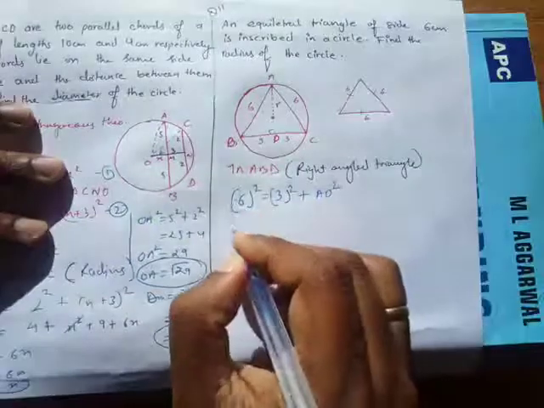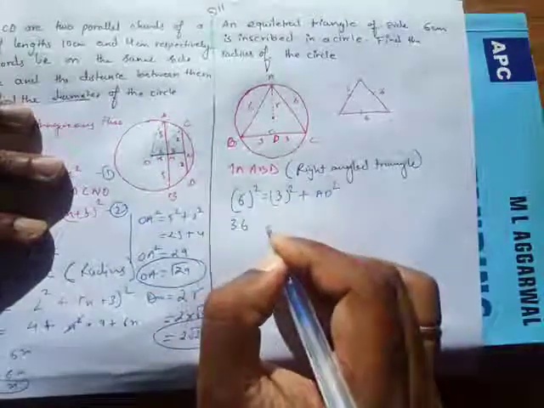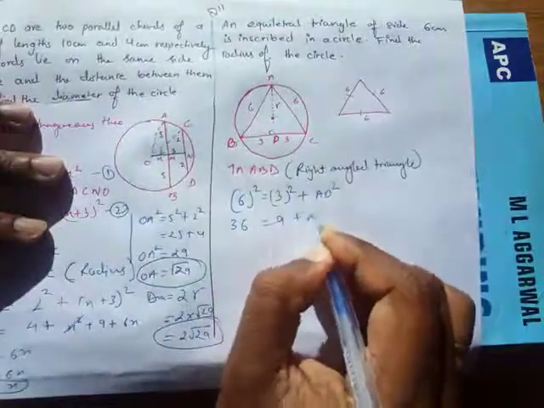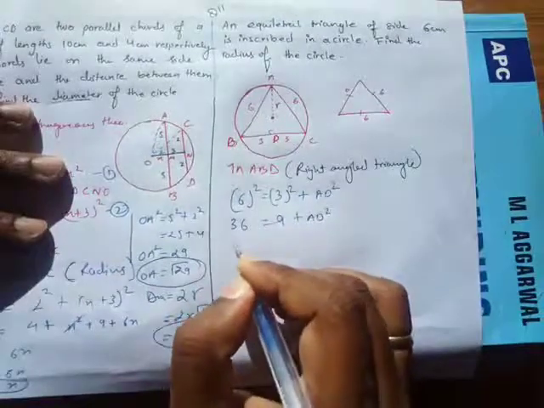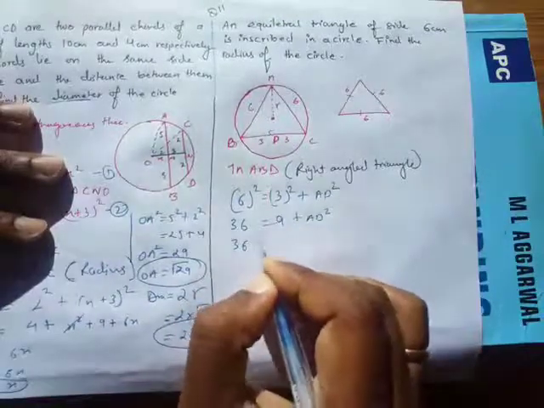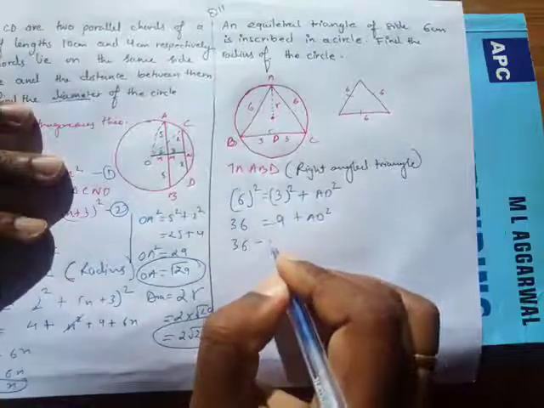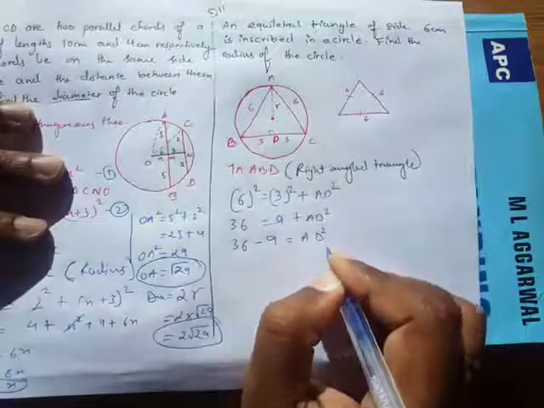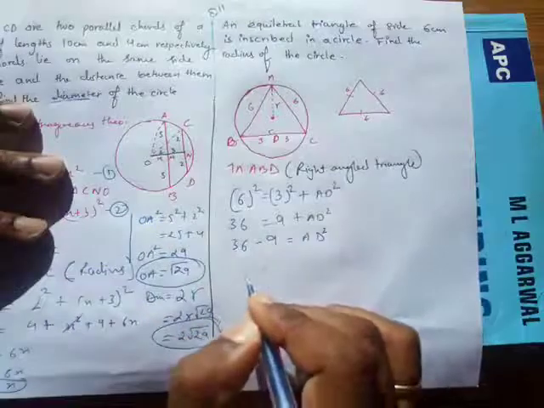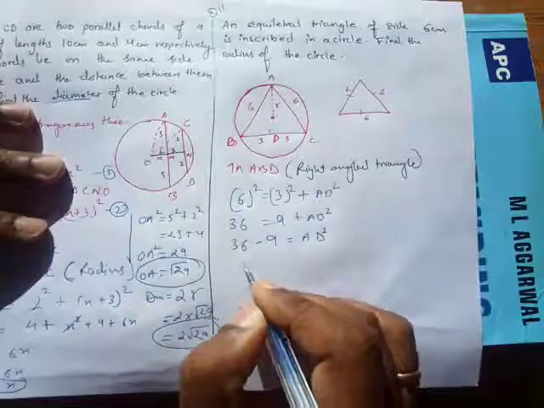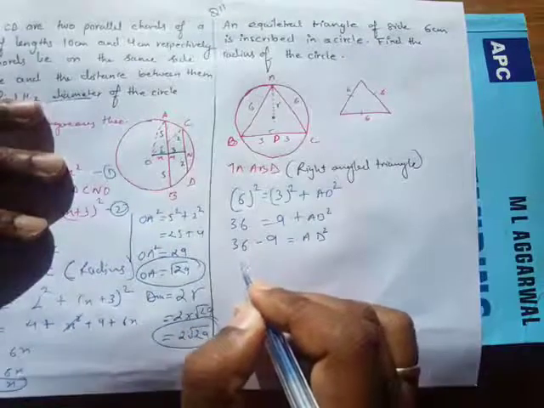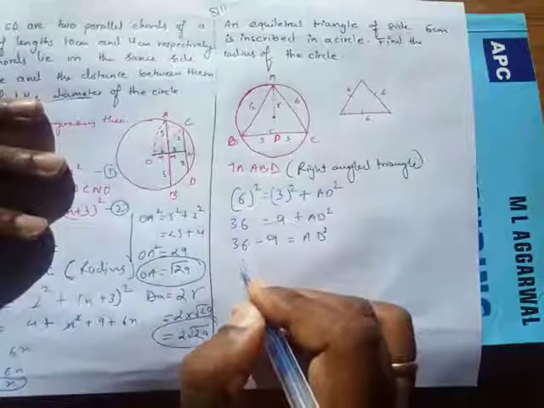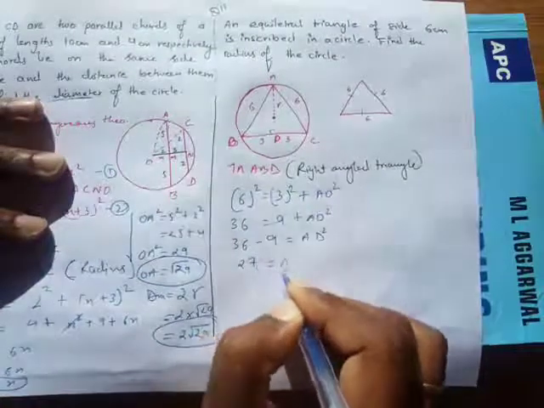So I'll get 36, 6 6s are 36, equals 9 plus AD square. And when I subtract this, 36 minus 9 equals AD square. What will I get? 36 minus 9. Any idea? That's going to give me 27, right? You can also do it if you want. It's going to give me 27 equals AD square.